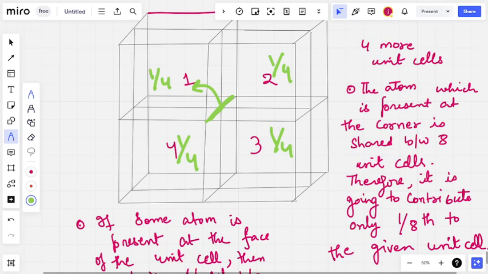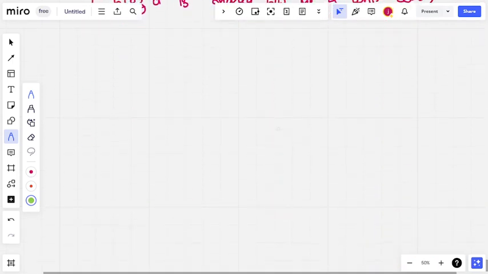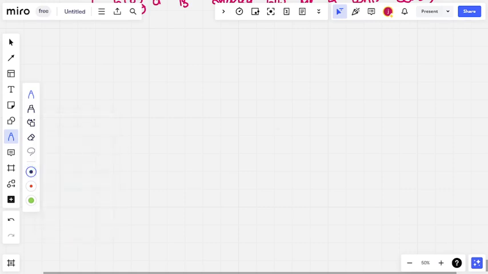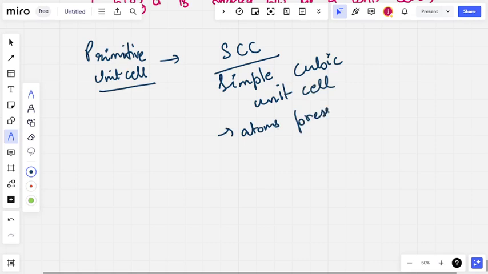So now let us move to the primitive unit cell. In this we have the simple cubic unit cell, SCC.